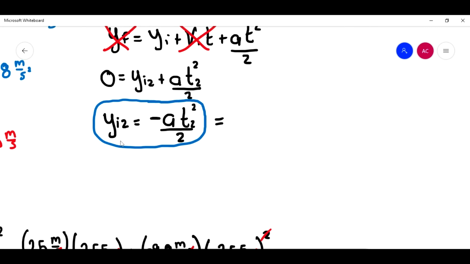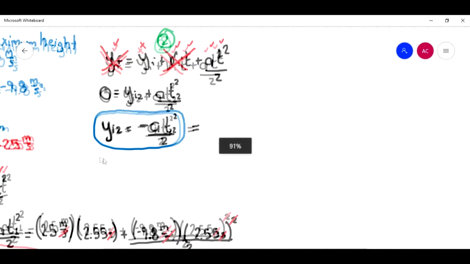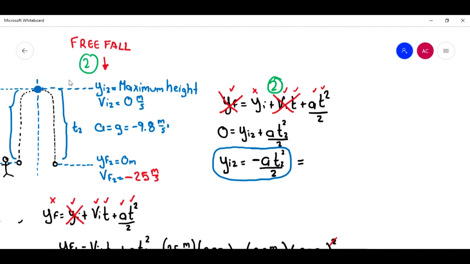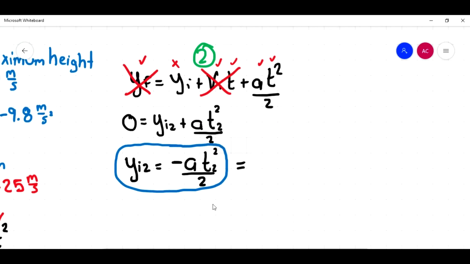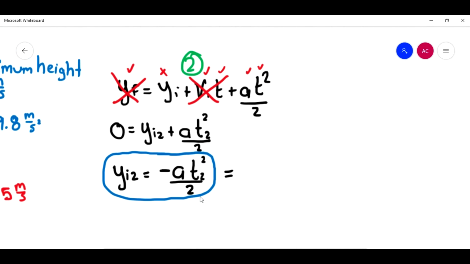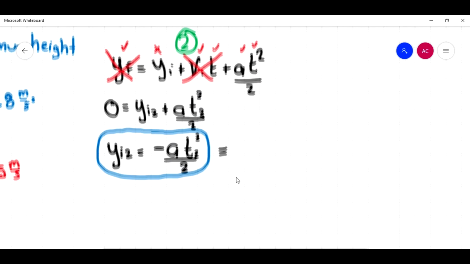Remember, this is a formula of free fall because segment number 2 is free fall. So you can use the formulas that we already found in free fall if you want. That's just a recommendation.